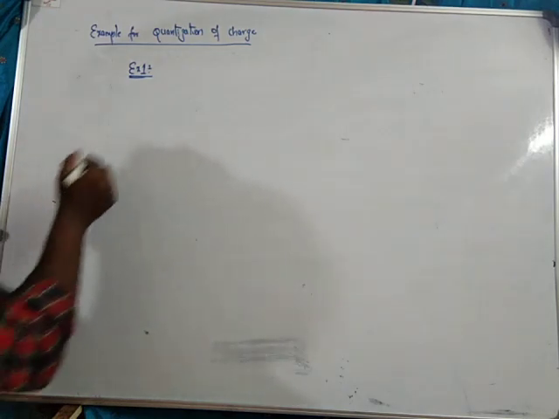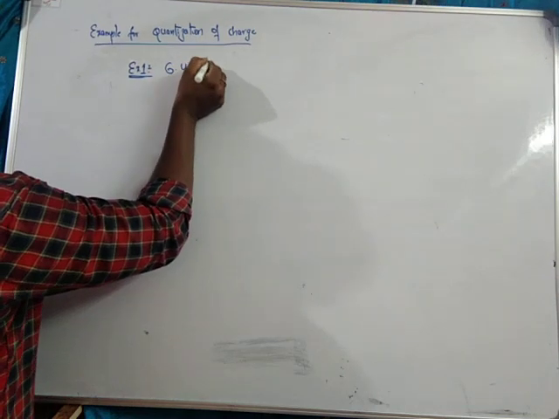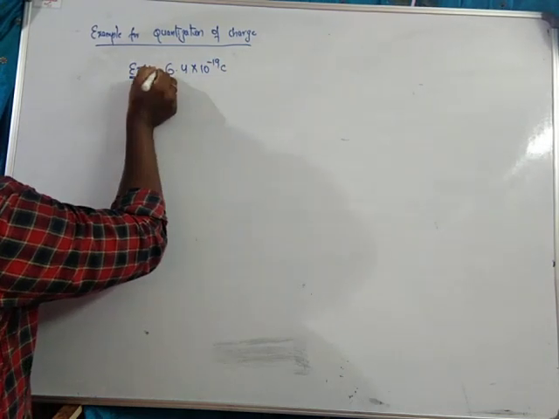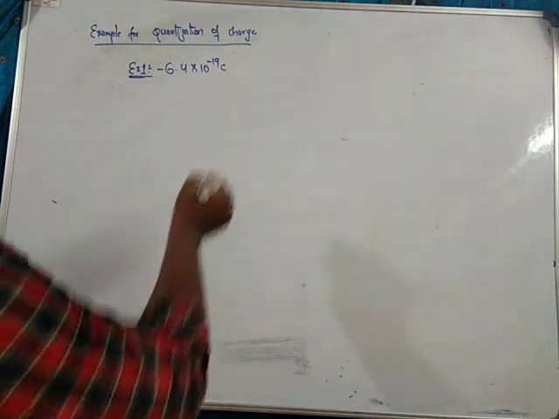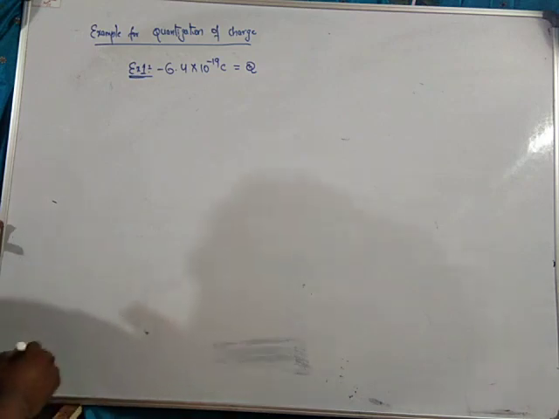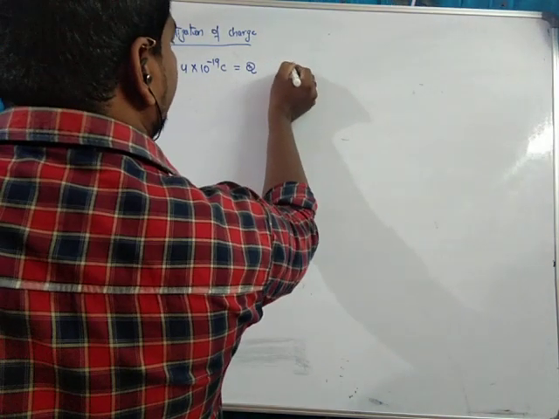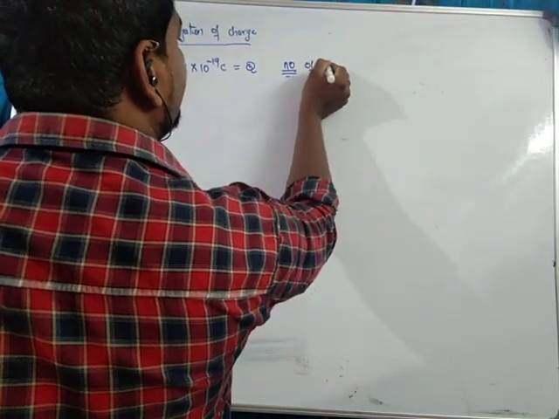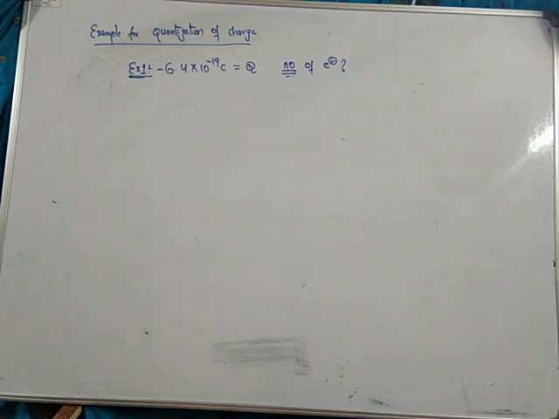We have 6.4 into 10 to the power of minus 19 coulombs with a negative sign as a charge. We have to find the number of electrons. How many electrons are there in this charge?